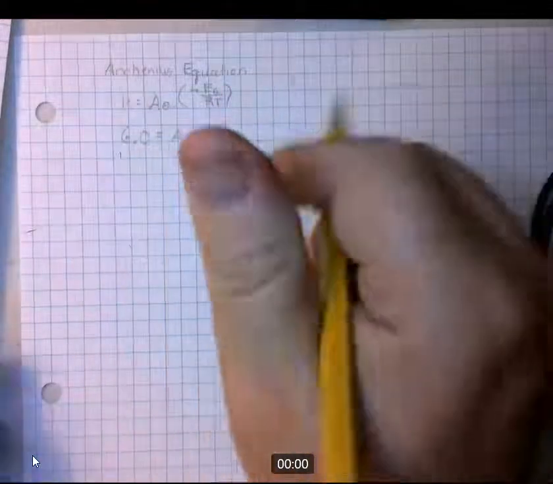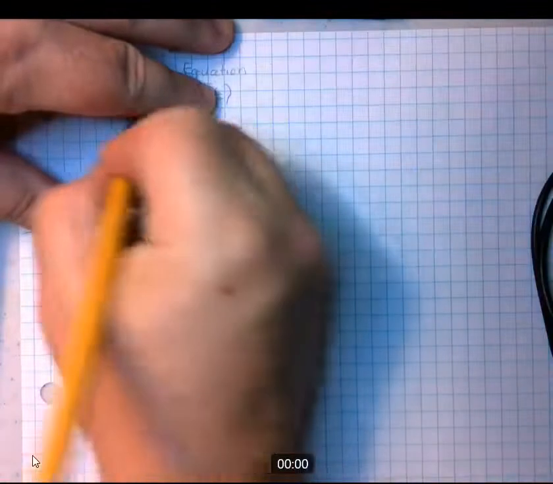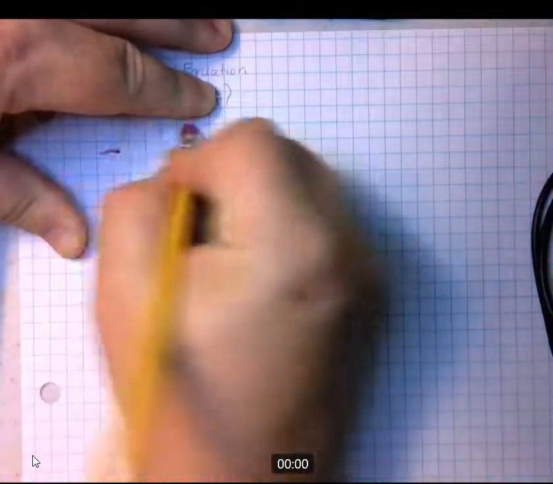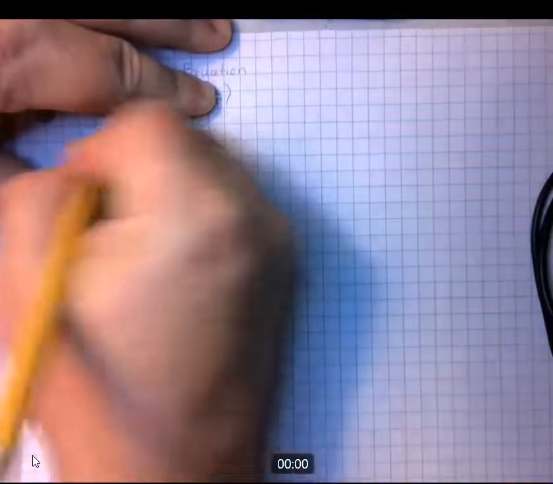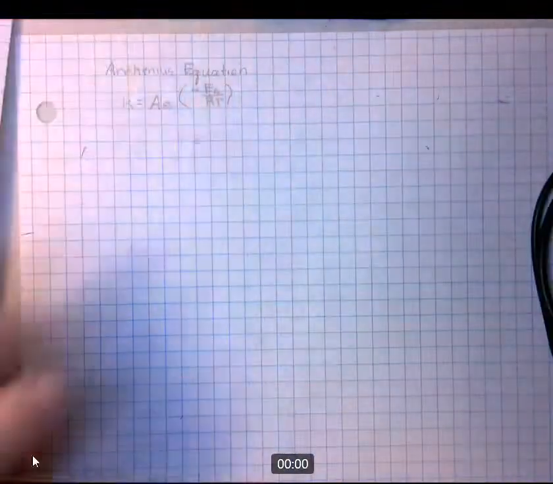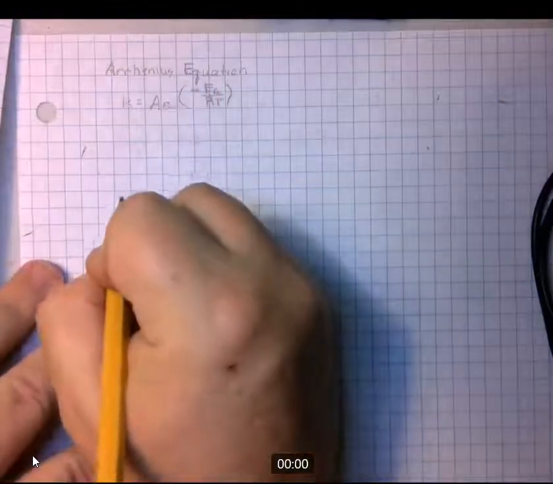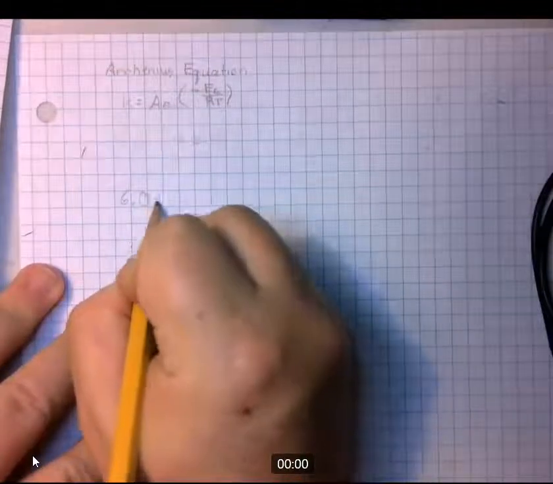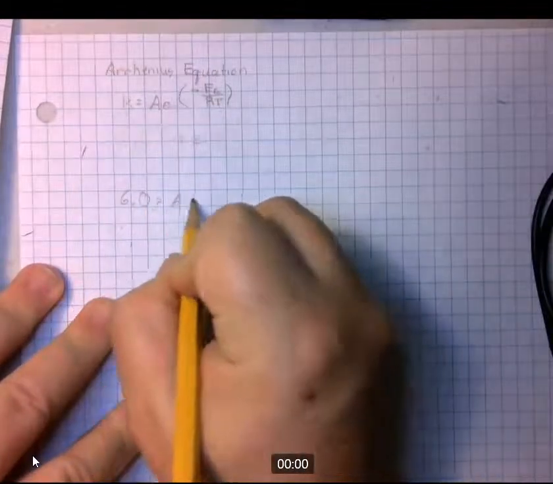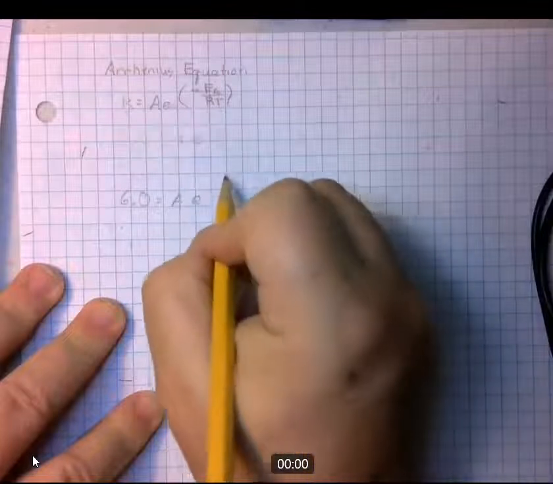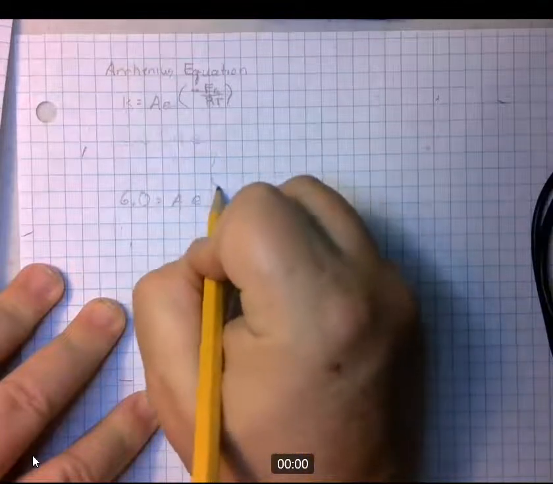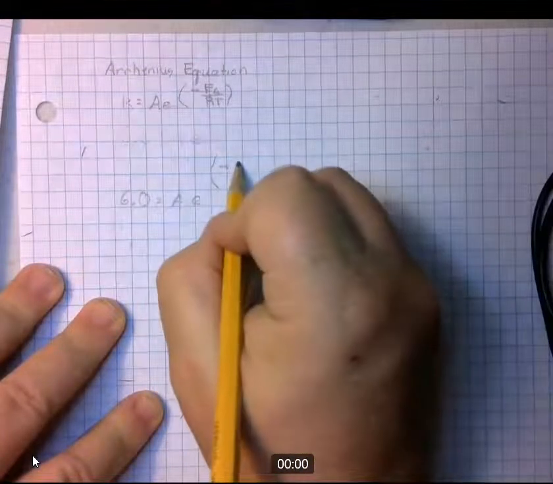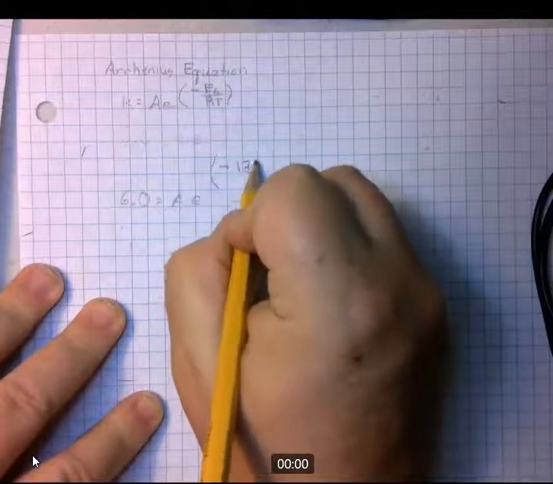I'm going to write it down lower because I want to write that exponent kind of big so you can see it clearly, not try to crowd it onto a line. So it's 6.0 equals A, E, and that's going to be to the minus 136,000 joules.